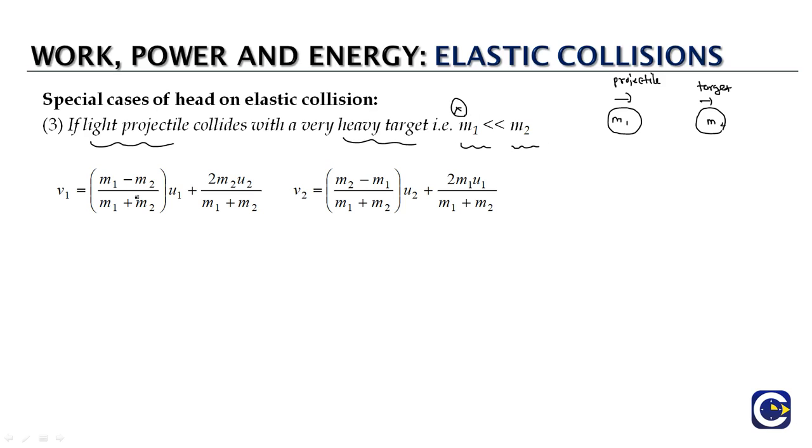So we'll go to the final velocities of the particles after the collision, which we have derived from the elastic head-on collision base derivation. V1 is equal to (M1 minus M2) by (M1 plus M2) into U1, plus 2M2 by (M1 plus M2) into U2. Now here we can neglect M1 in comparison to M2.